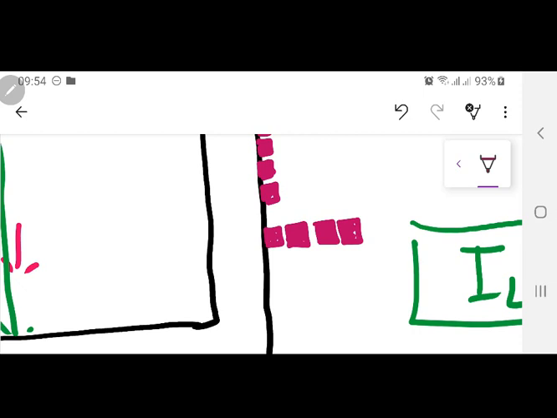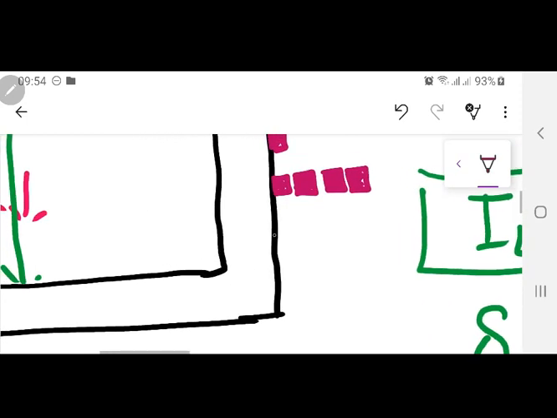These conductors are not always square shape. They can be rectangle shape, and rectangle shapes are relatively easy to handle. Why? If I have a rectangular conductor like this, this is the first conductor, then the second, then the third, and then the fourth.